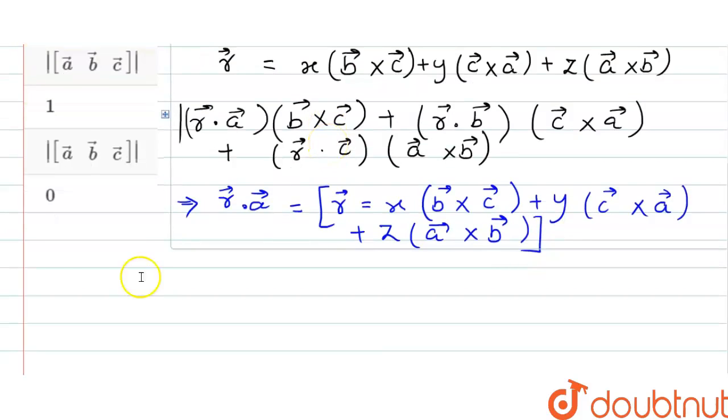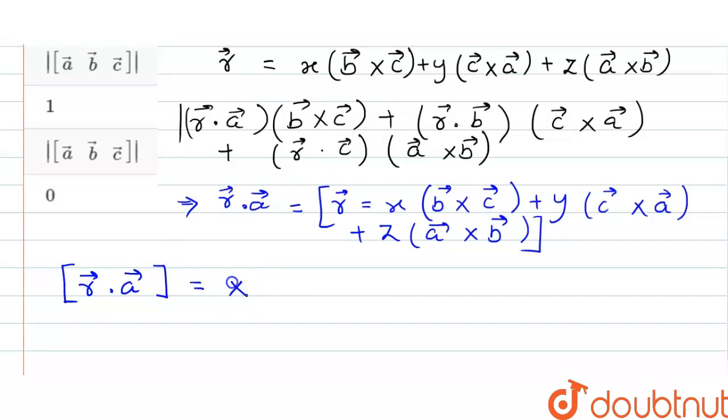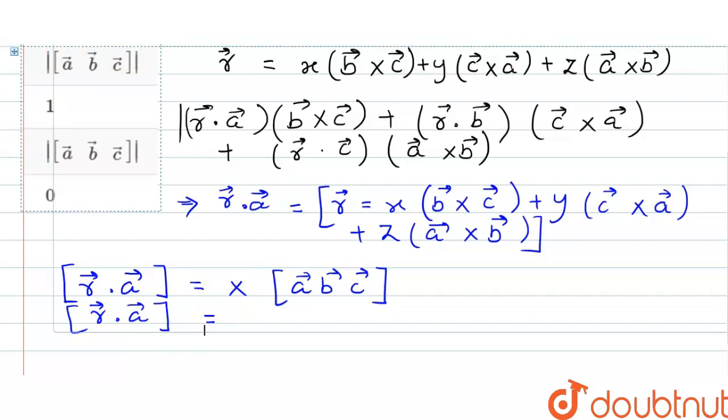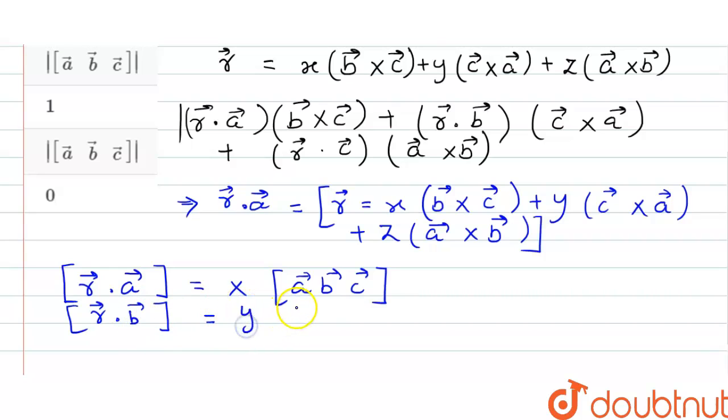Now make another condition. Then R dot A vector is x of vector A, vector B, vector C. Similarly, R vector dot B vector, the result will be y, because this term will be y of C vector into A vector.